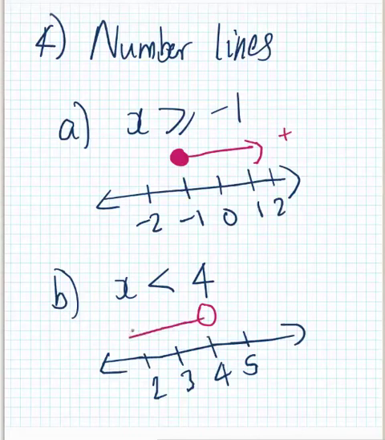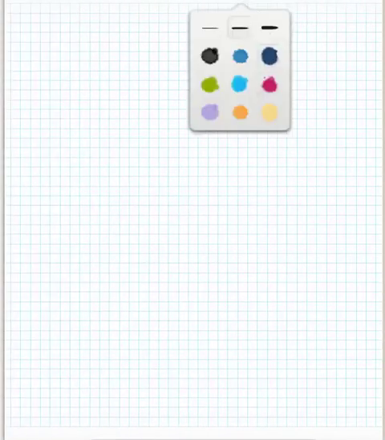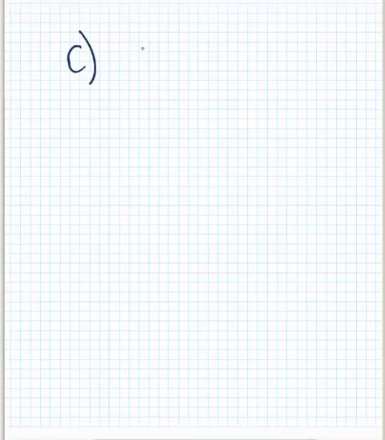And that's it. And the last one is where we have 2 numbers shown. So for C, we've got 6 is less than x, which is less than or equal to 9. So this is where we have our number is in between 2 numbers. Now, can it be 6? No, it can't. There's no equal to there. But my number can be 9 and anything else in between.